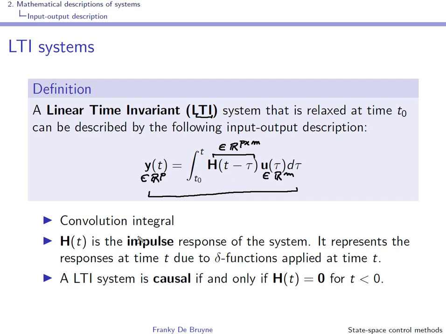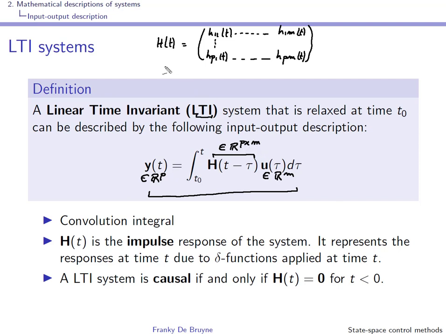So it's the impulse response matrix of the system, and you can write it as follows. h11 of t. The system has m inputs, so here we have h1m of t. Here we have hp1 of t, and here hpm of t. Okay, so this matrix, as I said, is in R^(p times m).